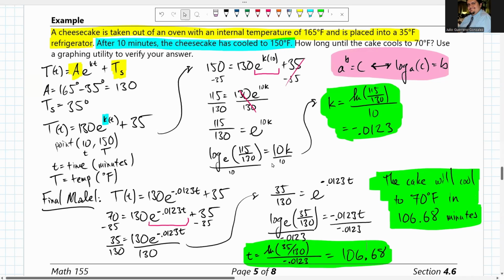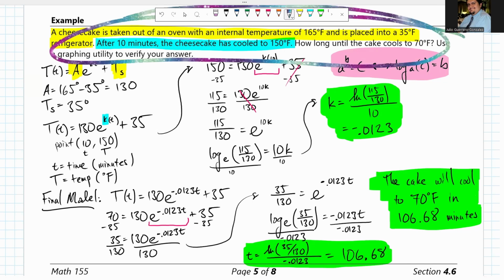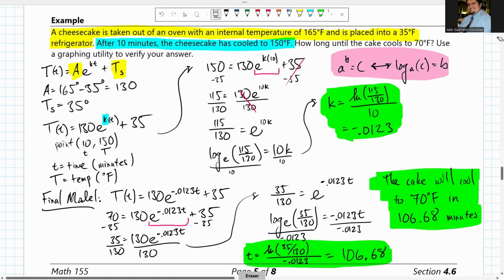All we did here, given all of these stipulations for this scenario, was find a final model. That was this thing. You guys remember that?